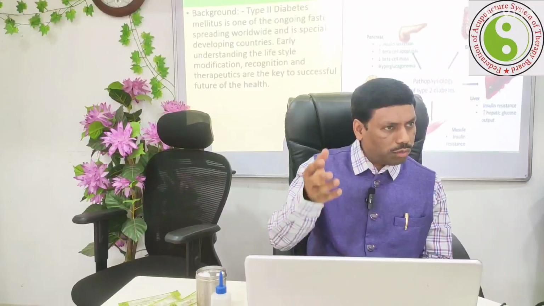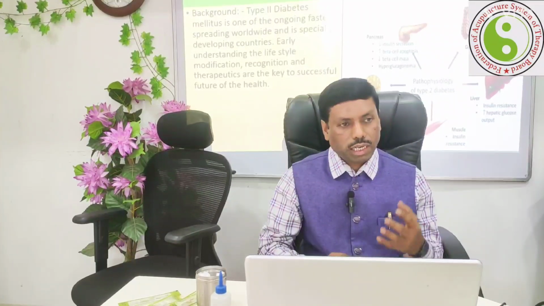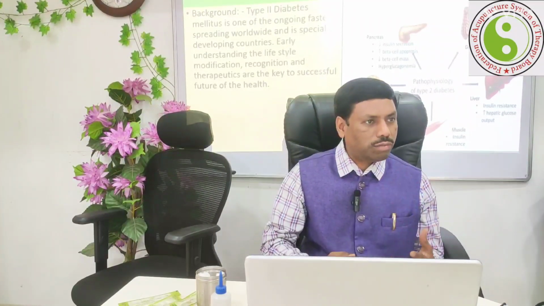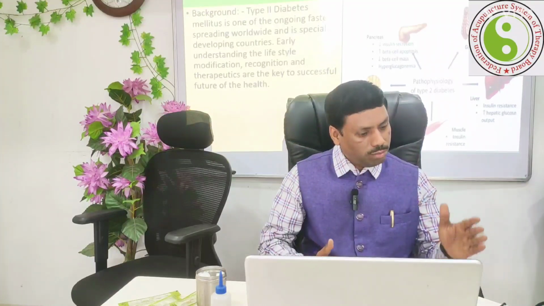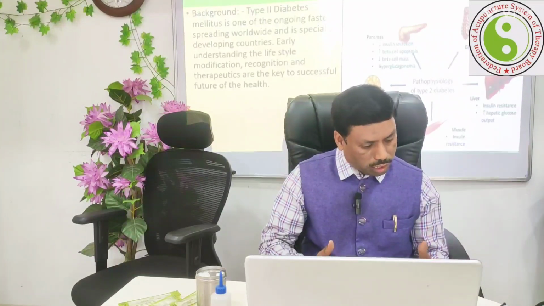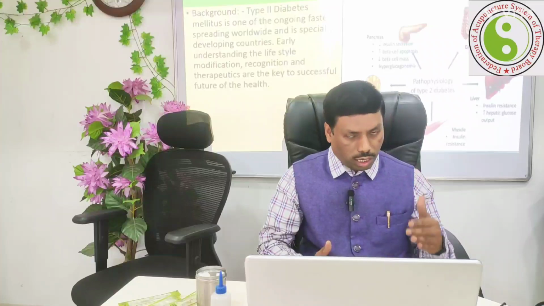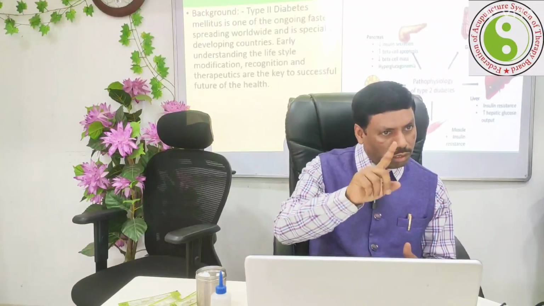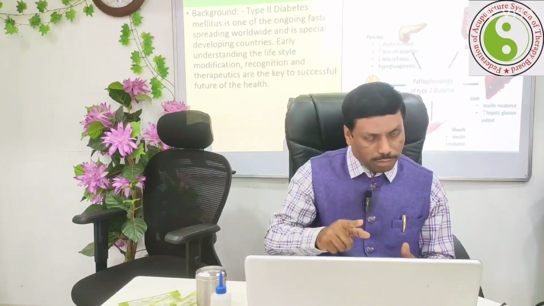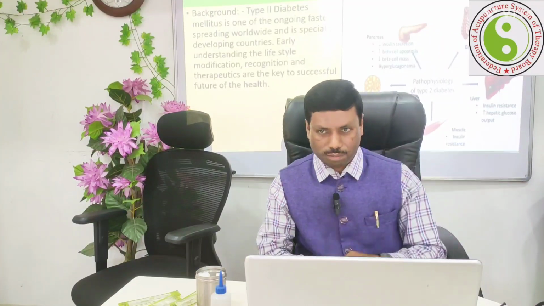For example, whatever we eat, we require food for survival. At that time we take around 200 calories or 500 calories at a time. We consume the food, so that will be converted in the form of chi, in the form of energy.